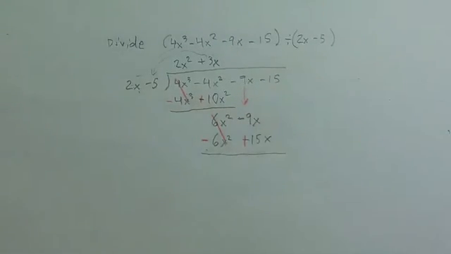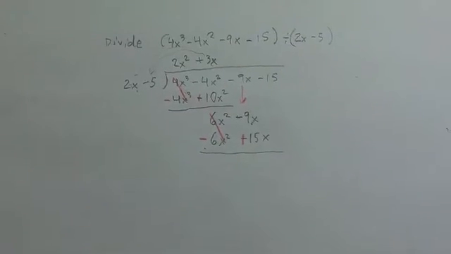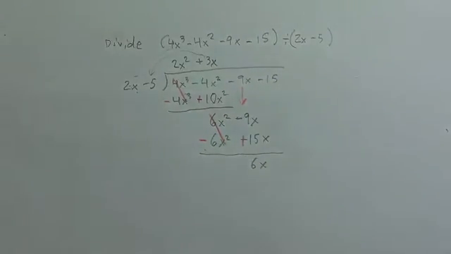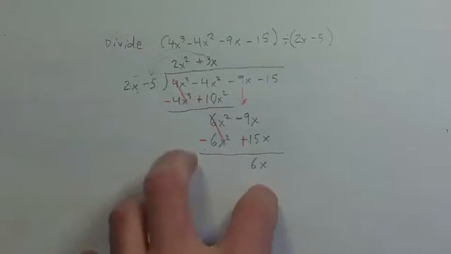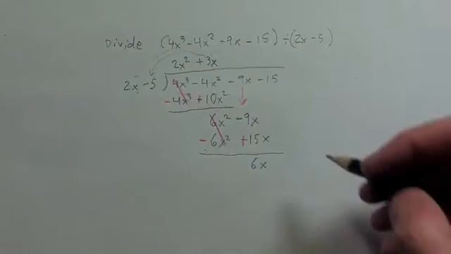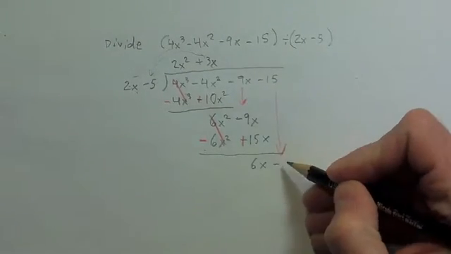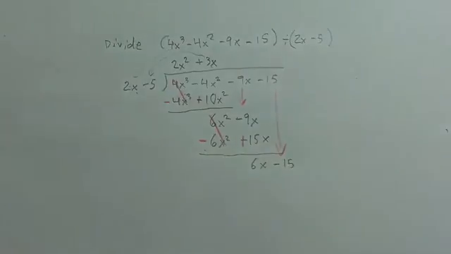The 6x squareds cancel, and I have negative 9x plus 15x, which will give me 6x. Then we're going to bring down that minus 15, and then we're going to repeat our process again.